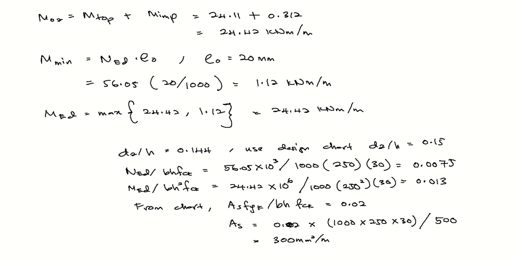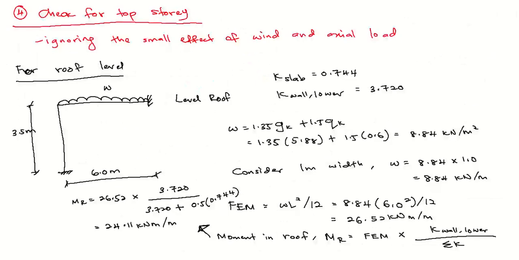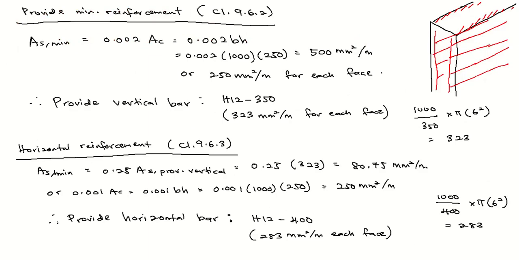Now you can see here, basically we have calculated the AS min, right? AS min is 250. It is not less than 250. So we can provide the same vertical bar and also the same horizontal bar.